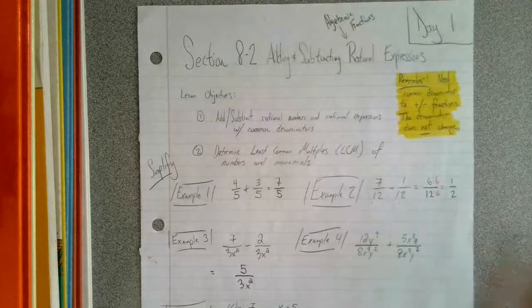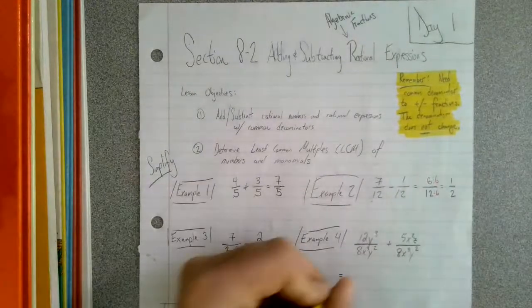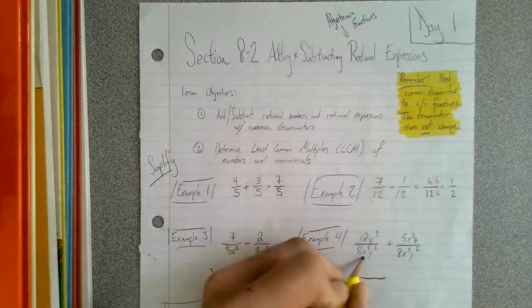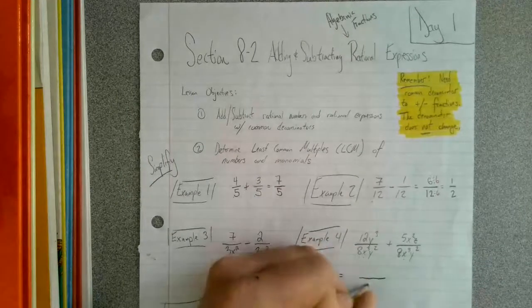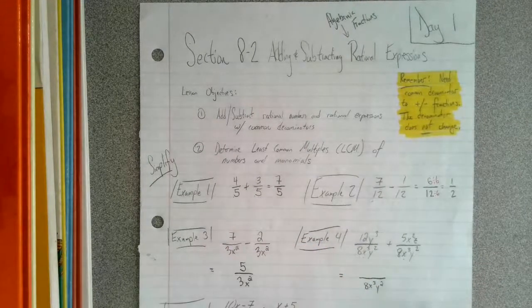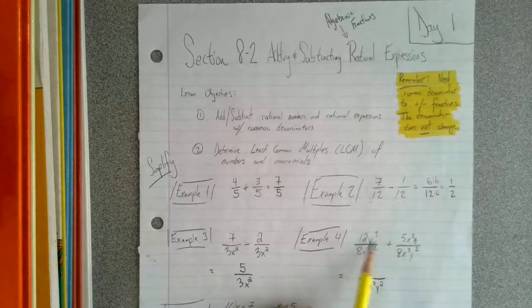Once again, this looks complex, it looks difficult, but the first thing we want to observe is that the denominators between these two rational expressions are the same. They are both 8x cubed y squared. So all we're going to do is add the numerators together for both fractions.